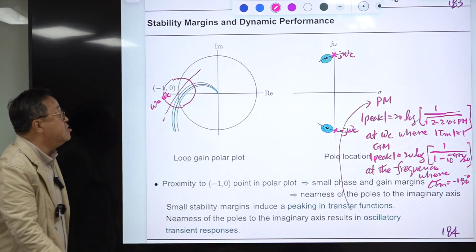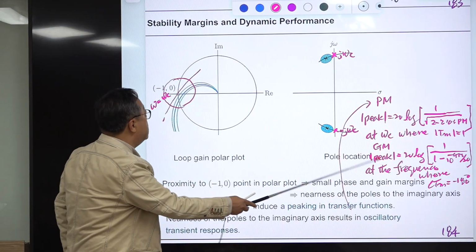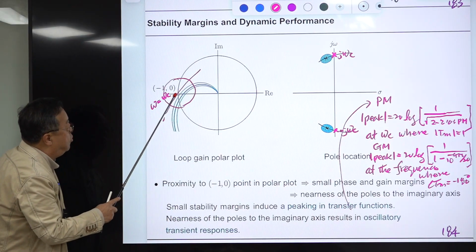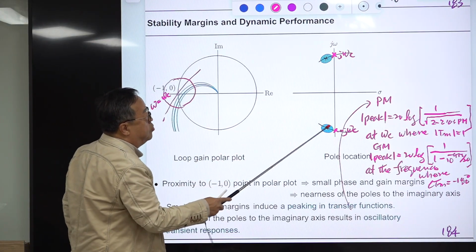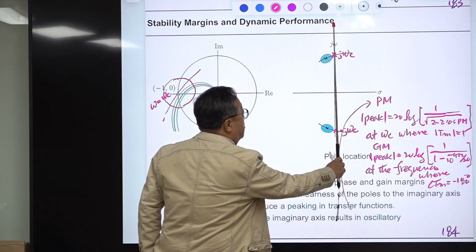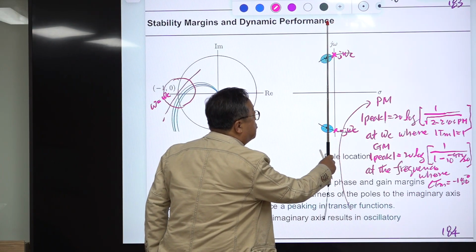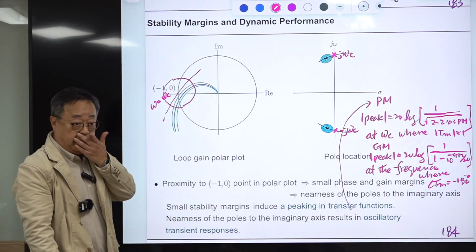Another interpretation is that with a small phase margin or gain margin, the trajectory approaches this point, and the root of the characteristic equation is located near the imaginary axis, but in the left plane. In that case, the oscillation will start.